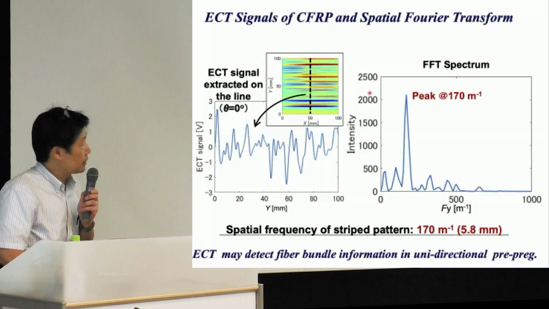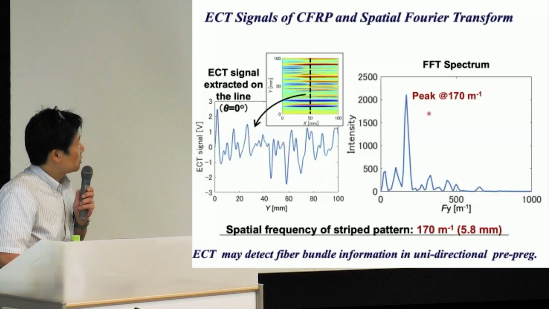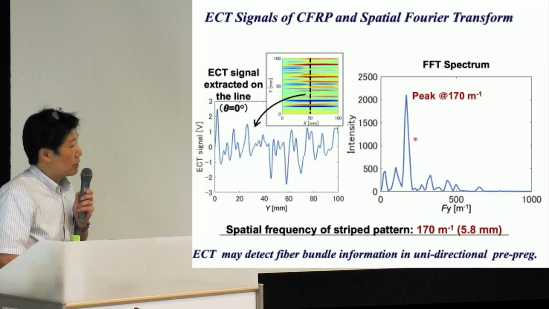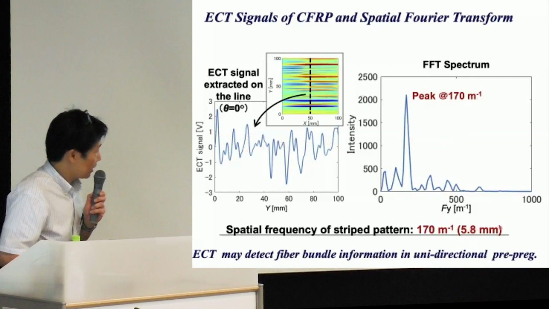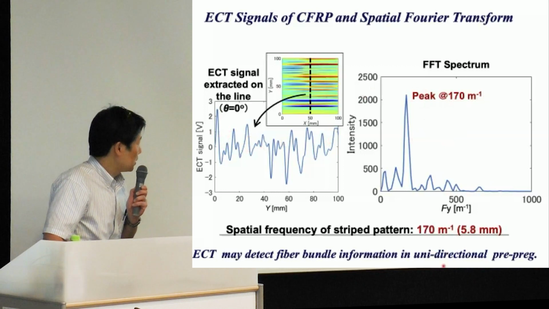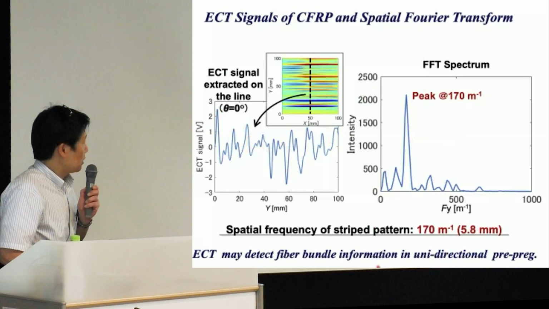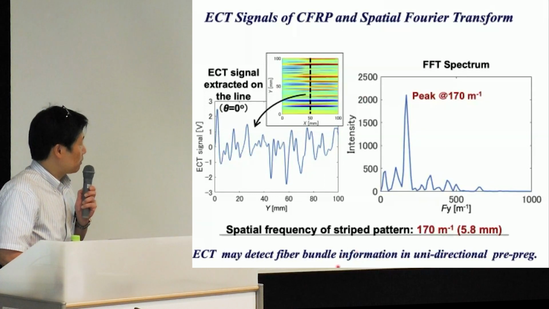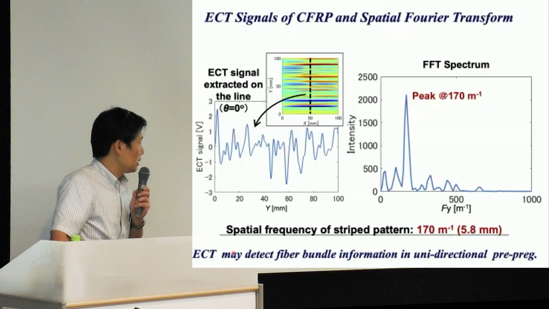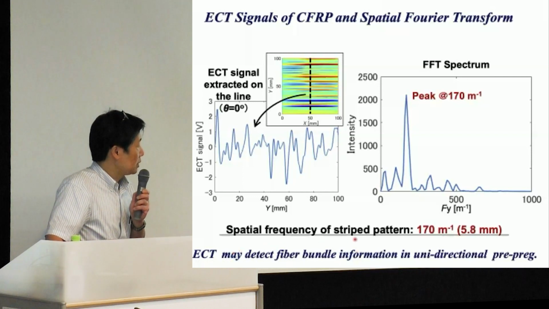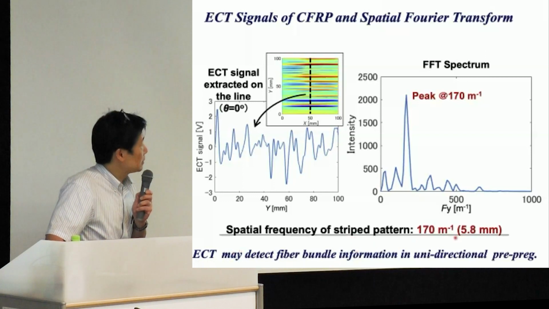After the FFT spectrum, a peak at 170 inverse meters is found. This corresponds to a pattern of a 5-millimeter interval, which corresponds to a fiber bundle pattern. So eddy current testing can detect fiber bundle information in unidirectional prepreg.